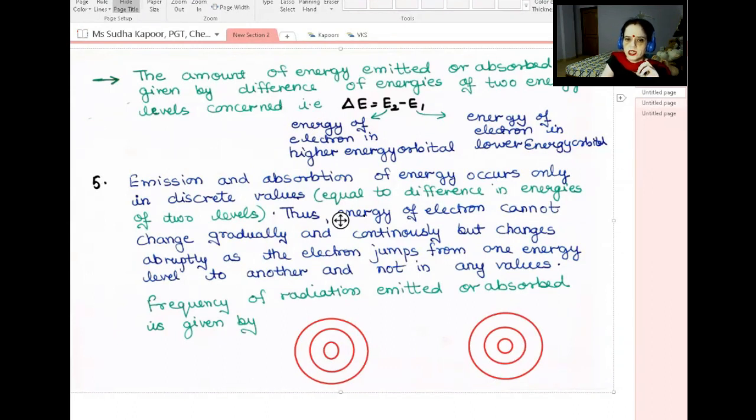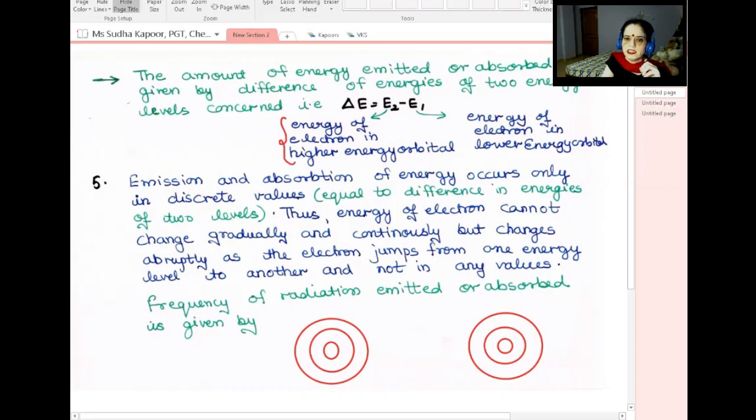What is E2 here? E2 is the energy of the electron in the higher energy orbital. And E1 is the energy of the electron in the lower energy orbital. If it is absorbing energy, it moves from the lower to the higher level; if it is emitting energy, it comes from the higher to the lower level.